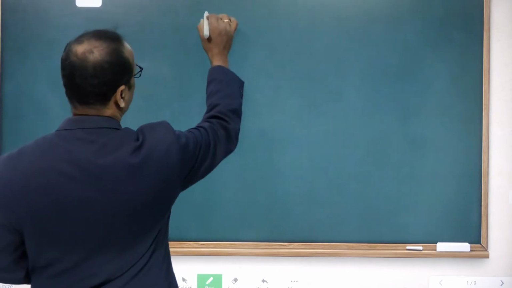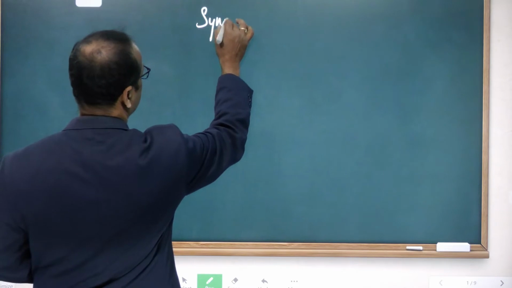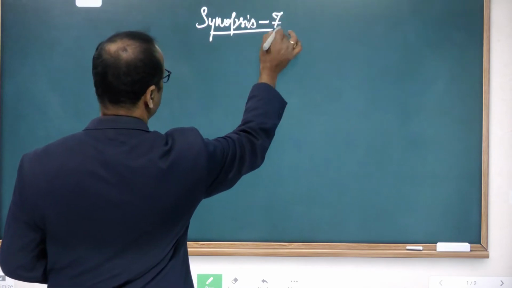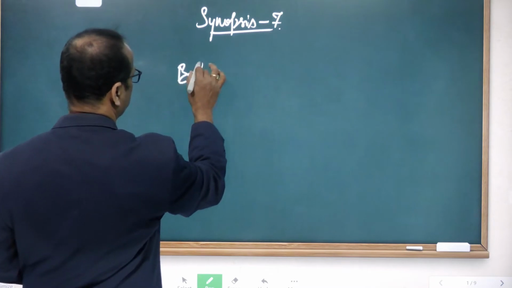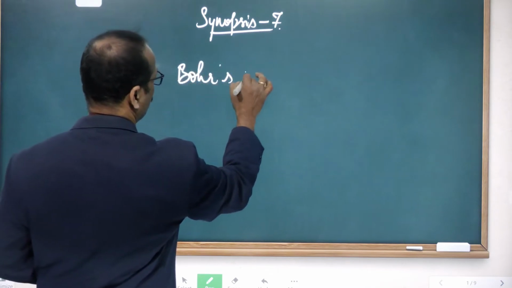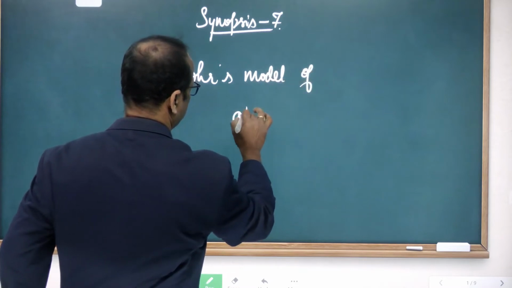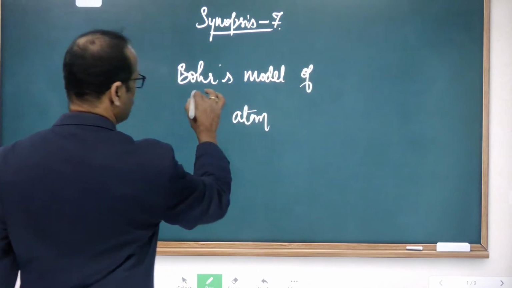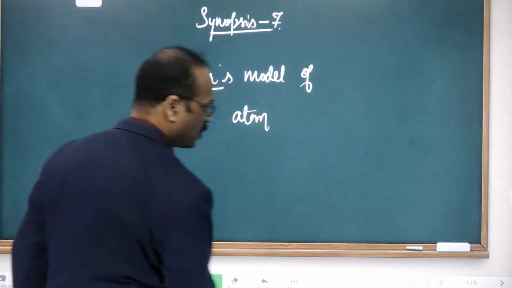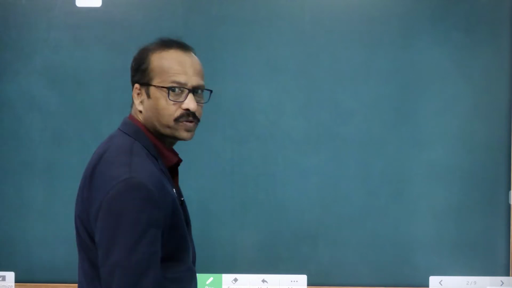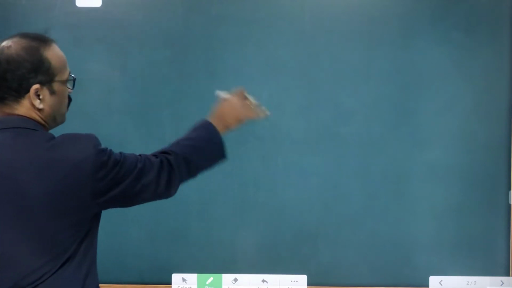So students, we are doing the last topic, that is synopsis 7. In this, our main topic is Bohr's model of an atom. Okay, so Bohr proposed an atomic model to rectify the defects of the Rutherford atomic model. Why propose an atomic model?